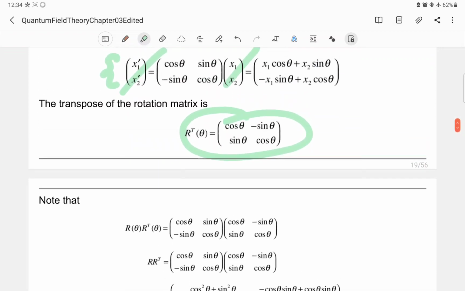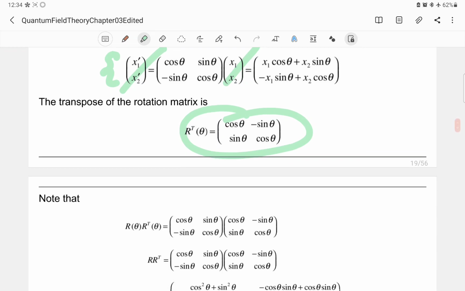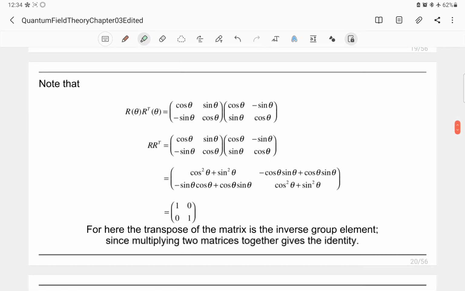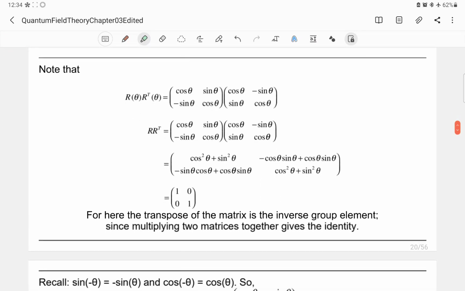I mean, the transpose times the original matrix will just be equal to the identity matrix. That's the transpose in this case is equal to the inverse of the original matrix.